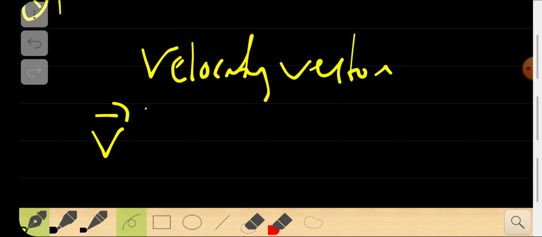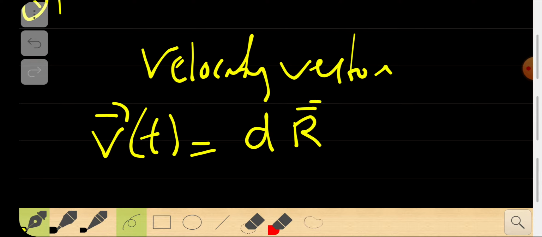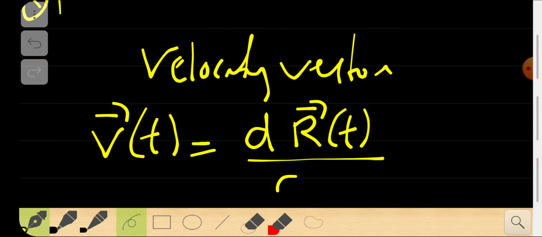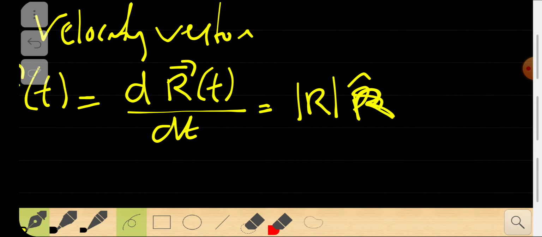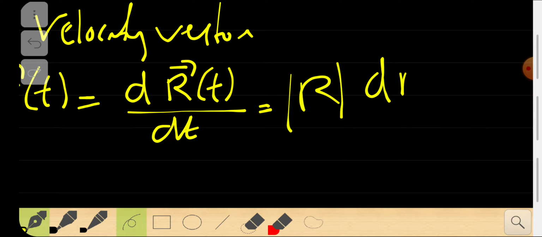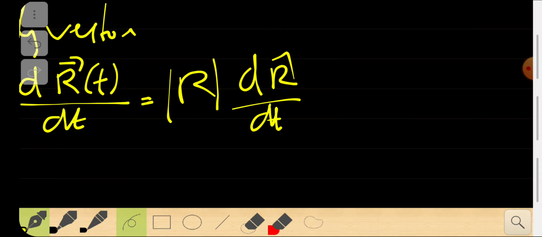Velocity vector v of t is equal to dr, which is the radial displacement vector, by dt, right? So here r will be equal to the magnitude of r times the unit vector r cap. The magnitude r is a constant here, so you can easily write that it is r, the constant, outside, times d r cap by dt, right? So r is a function of time, I'm not going to write that down anymore.